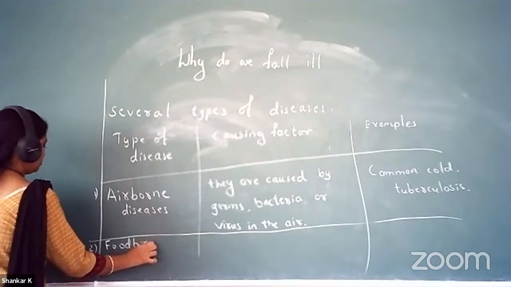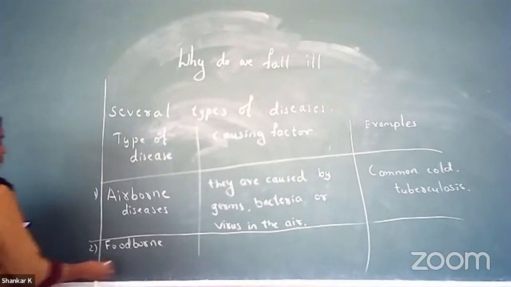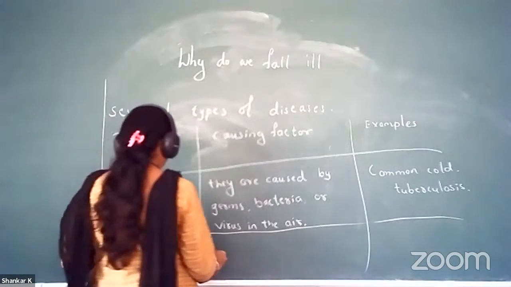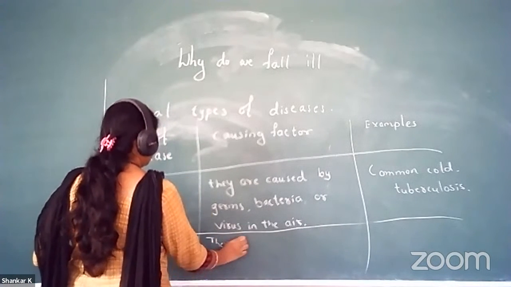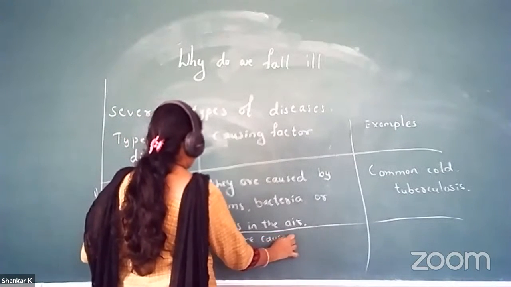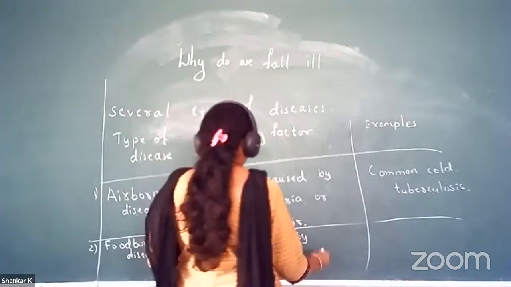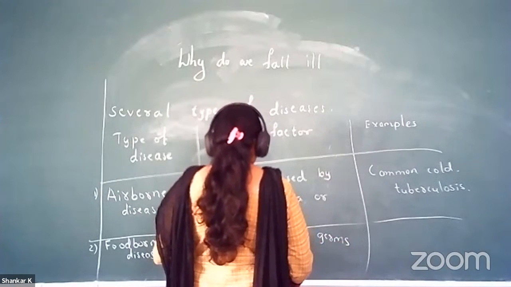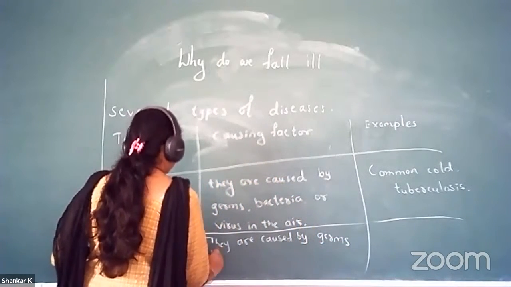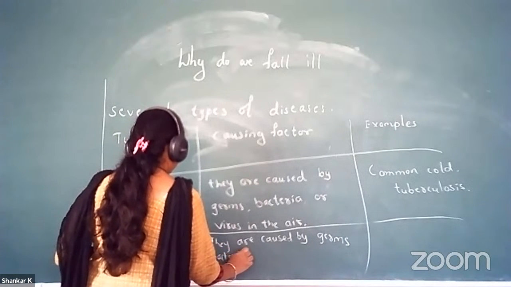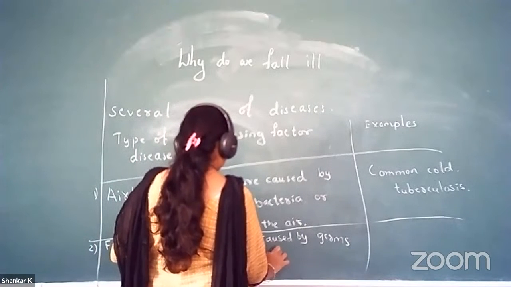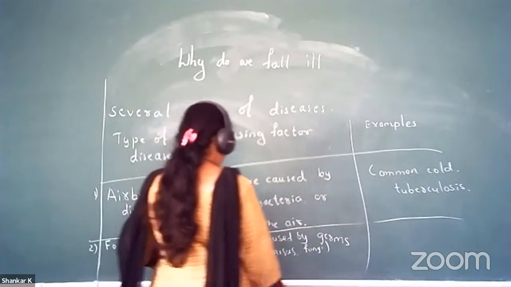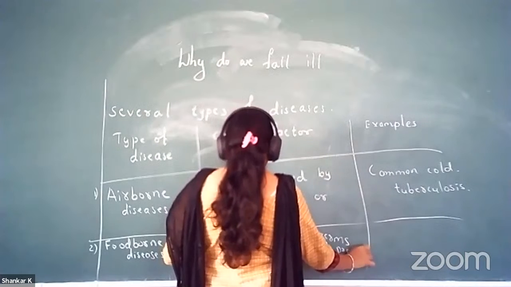Foodborne diseases: they are caused by germs like bacteria, viruses, and fungi present in the food.